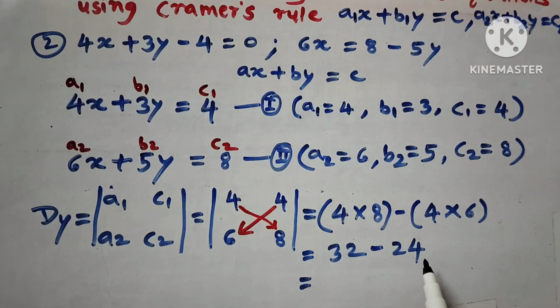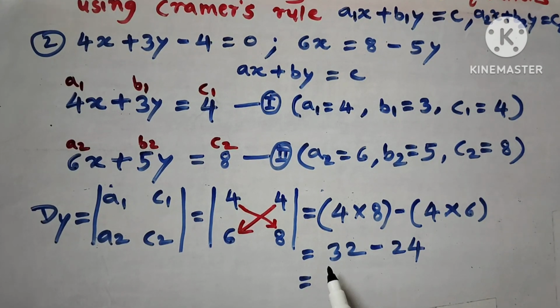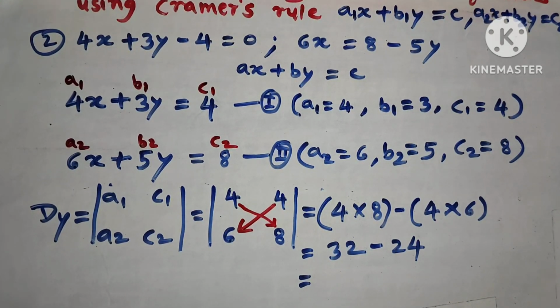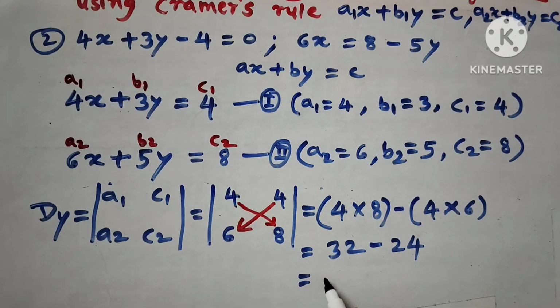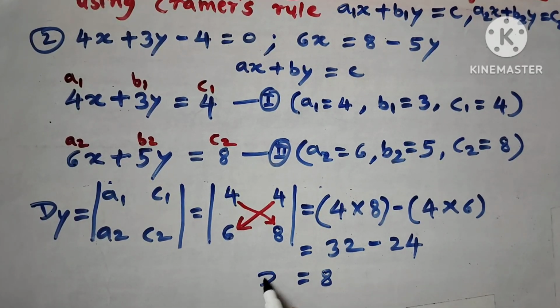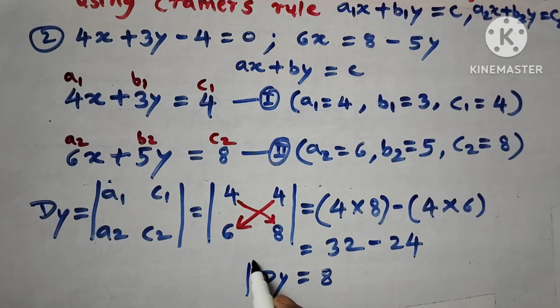Opposite sign, then subtraction, give the bigger number's sign, 8. Dy is equal to 8.